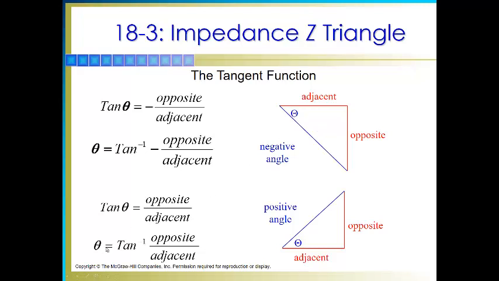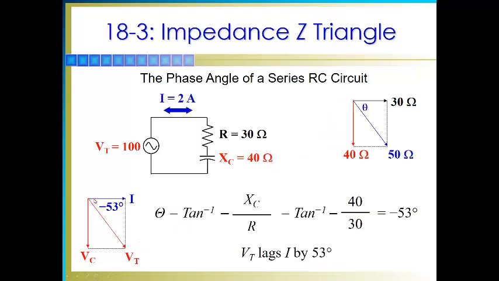So the actual angle is going to be the inverse tangent of that opposite over the adjacent. So if we're going to find this angle right here, the theta will be the inverse tangent of the opposite, which is this side, which is the same as that one.